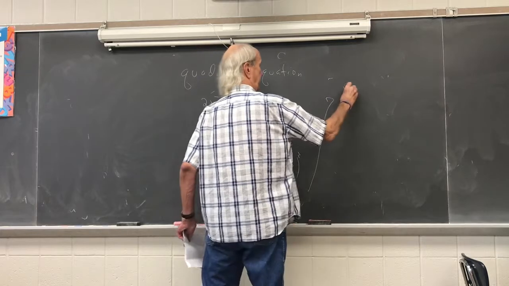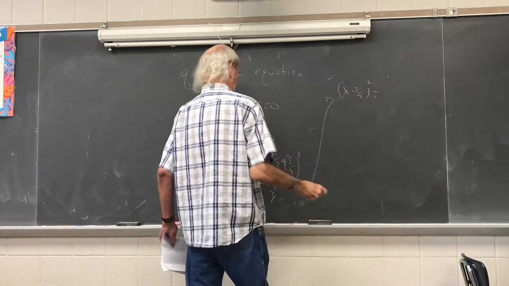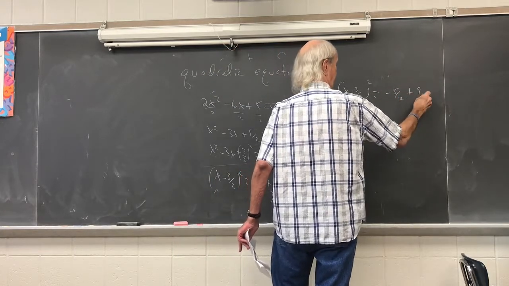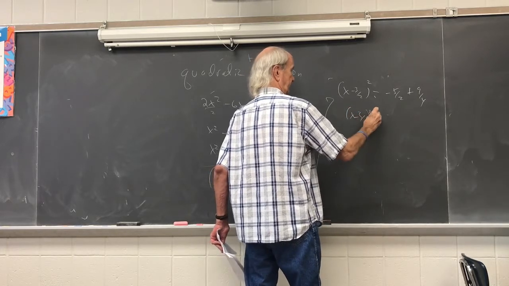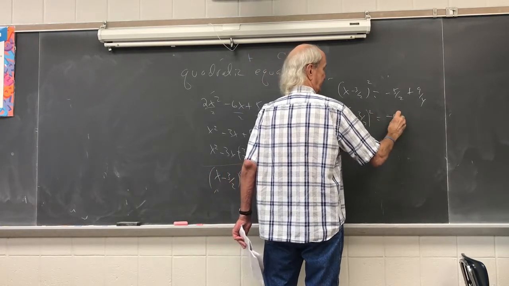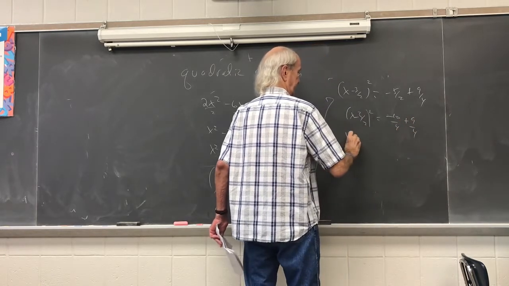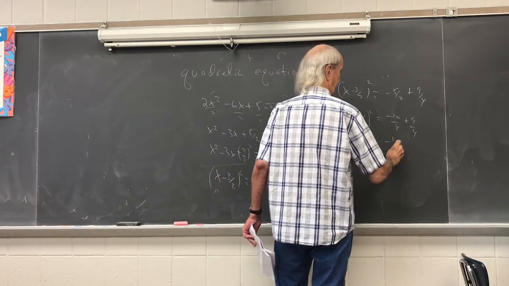We have x minus 3 halves quantity squared equals minus 5 halves plus 9 fourths. X minus 3 halves quantity squared is equal to minus 10 fourths plus 9 fourths. X minus 3 halves quantity squared is equal to minus 1 fourth.